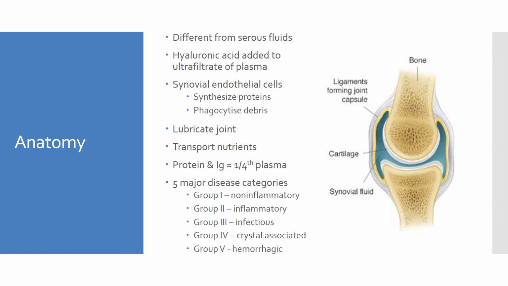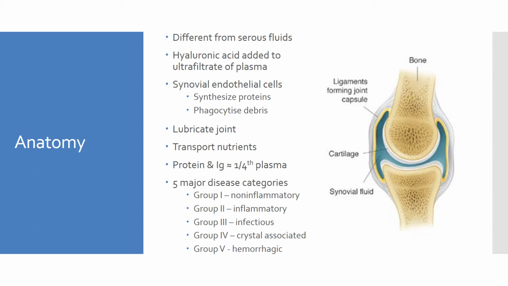The lining cells of these cavities, the endothelial lining cells of the synovial cavity, are different from other cavity endothelial lining cells because they can synthesize the proteins that are normal to the cavity, but they will also be necessary for phagocytizing some debris that will build up inside a joint cavity, and that debris has to be removed from the cavity.